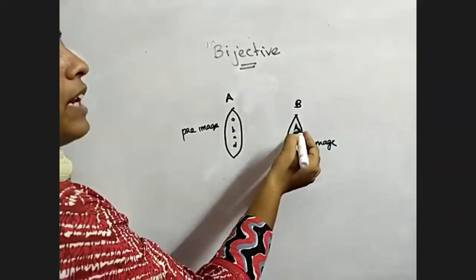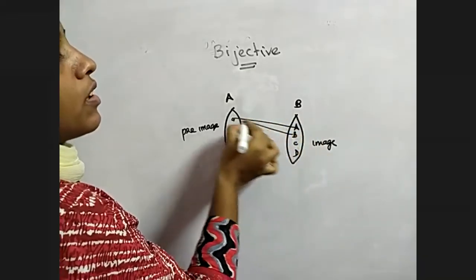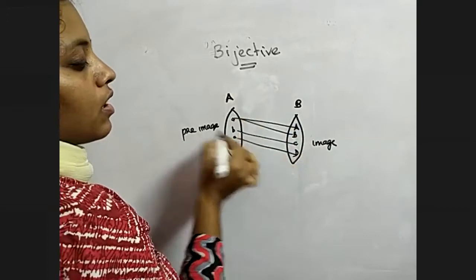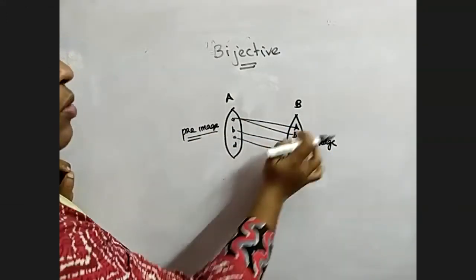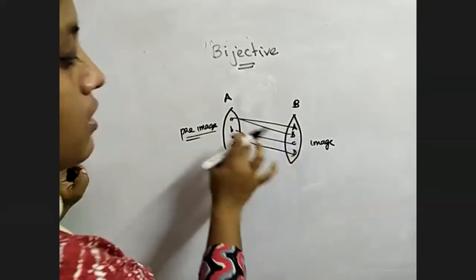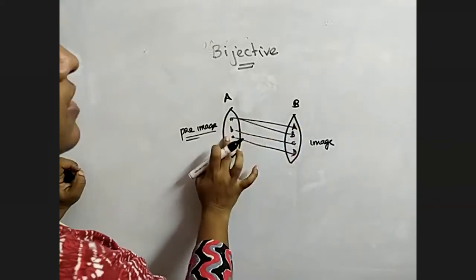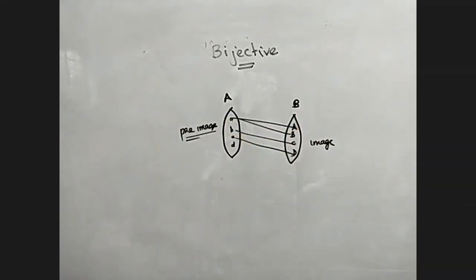So every element here is having one pre-image. What is the pre-image of A? Small a. Pre-image of B? Small a. Pre-image of C? B. Pre-image of D? C. Everything is having a pre-image. That means it is onto.